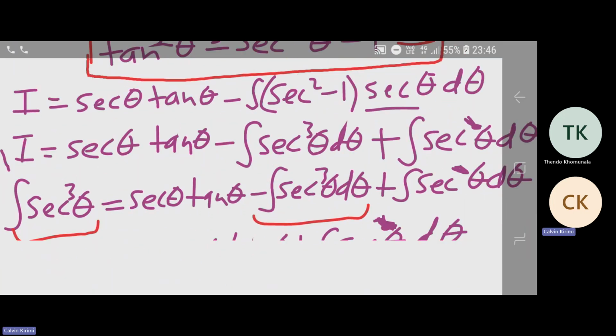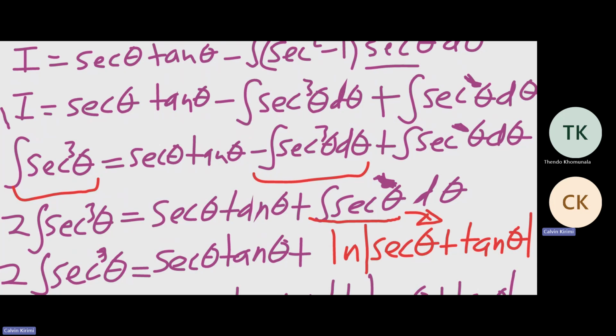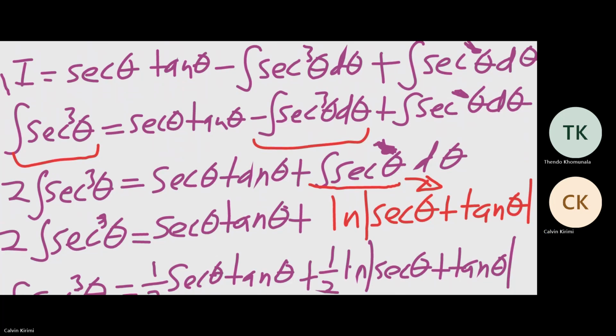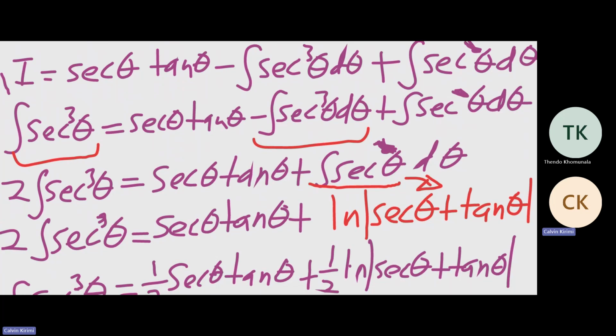And from there, we know our original I was the integral of secant cubed theta. However, we notice there's another integral similar to what we are looking for, so we put it on the left-hand side. Instead of one of those, now there are 2. Since the negative goes to that side, it becomes plus, so 2 of those.